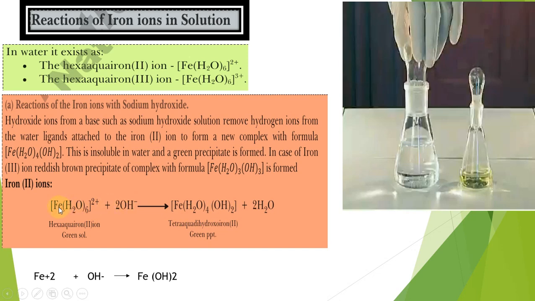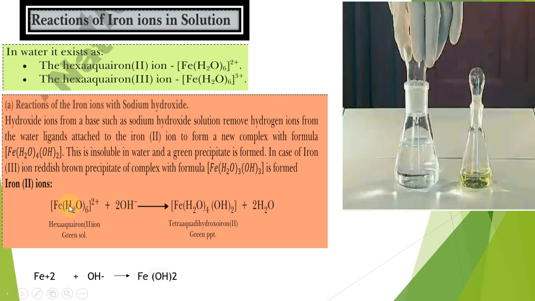If we simply react Fe2+ with OH-, we produce the compound Fe(OH)2. Simply, the OH ion attaches to the iron and they produce a greenish complex.